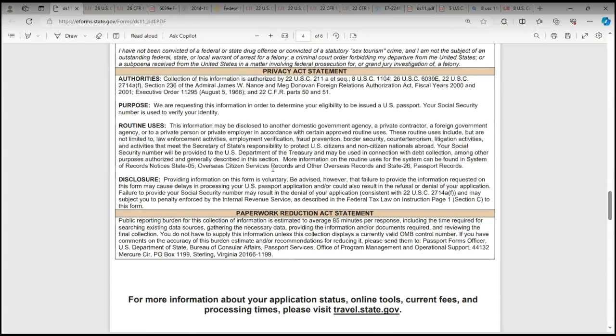Providing information in this form is voluntary. Be advised, however, that failure to provide the information requested on this form may cause delays in processing your U.S. passport application and or could result in a refusal or denial of your application. Failure to provide your Social Security number may result in the denial of your application consistent with 22 USC 2714 AF, which is what we're going to look through, and may be subject to penalty enforced by the Internal Revenue Service as described in the federal tax law on instruction page 1, section C to this form.